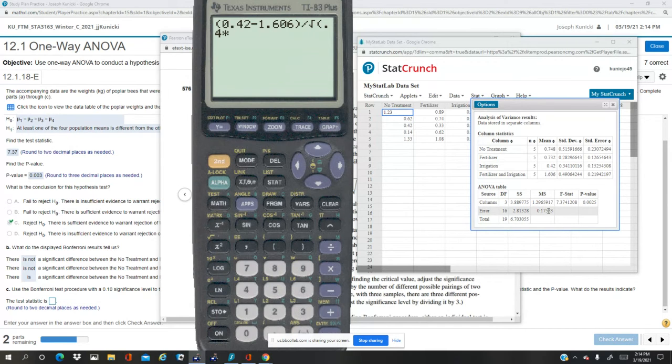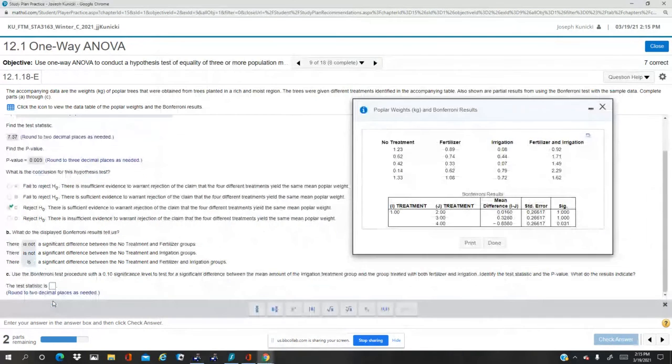MS error is right here, 0.17583. And so I think I have everything I need. This will give us the test statistic. Now it could be the opposite. It could be plus 4.47 if we subtract the other way, because the numerator is what sets the sign. So 2 decimal places would be minus 4.47.